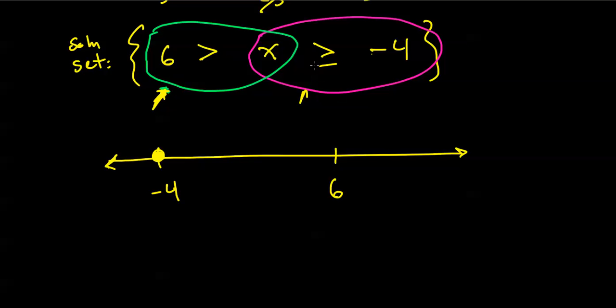Notice at the -4, I have equality, so I draw a closed circle at -4. And at 6, it's an open set, so I draw an open circle and shade in all numbers in between. Alright, so there is my graph of the solution set.